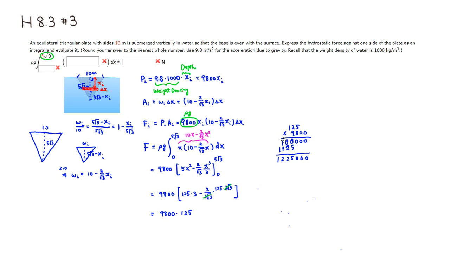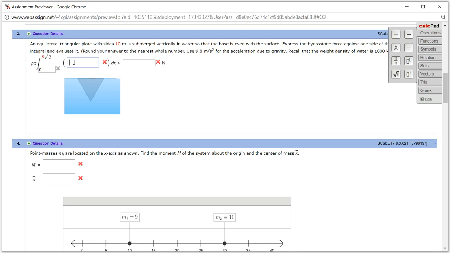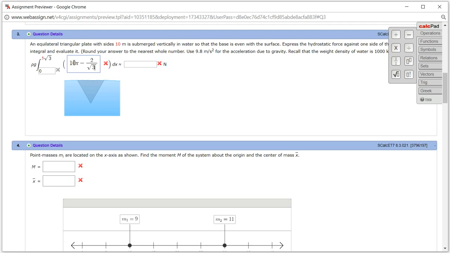Let's type everything in. So here we got 0, and then here we're going to have 10x minus 2 over square root of 3 x squared.